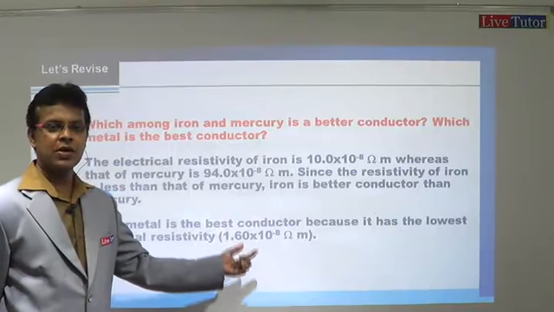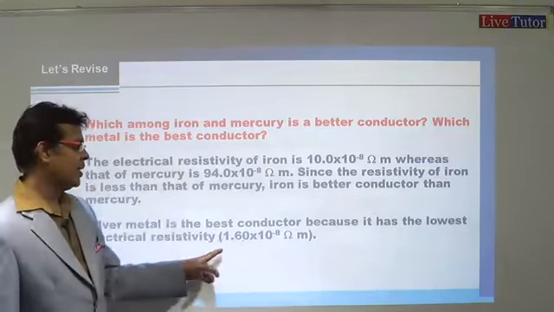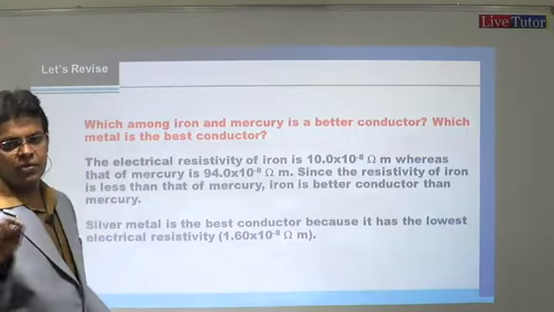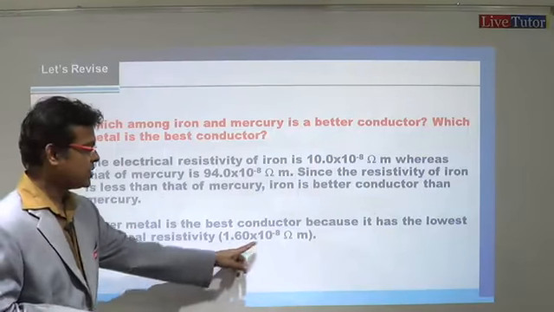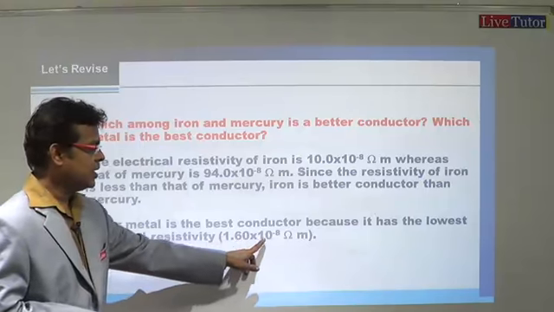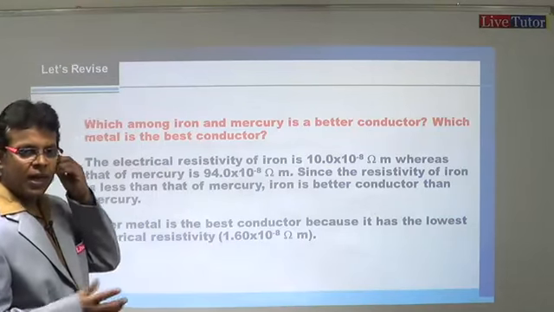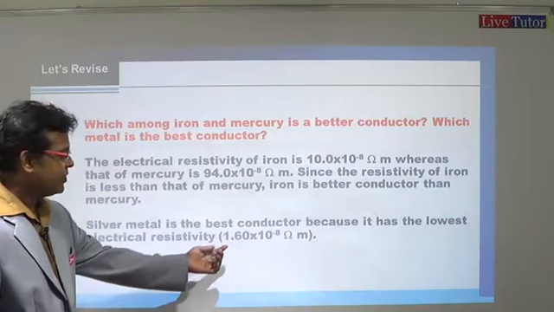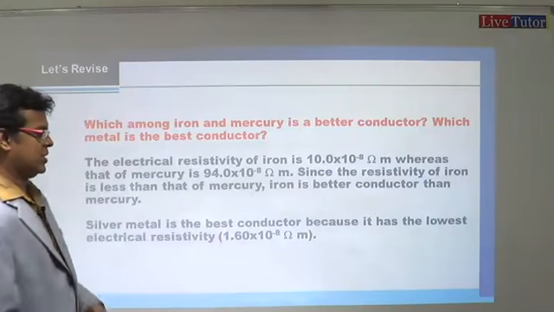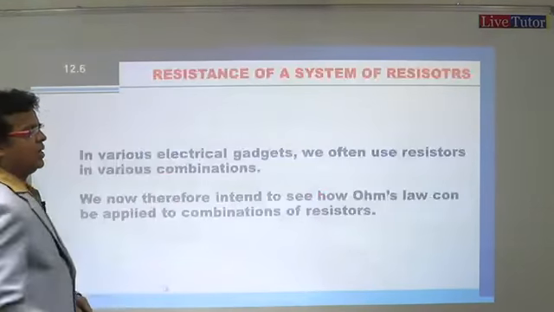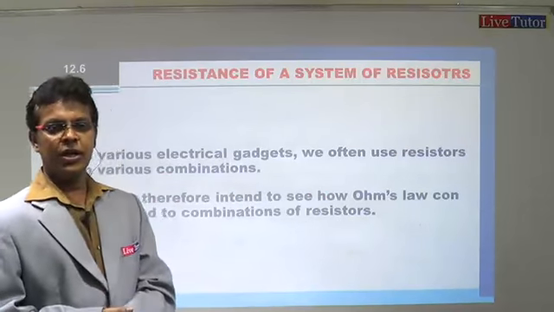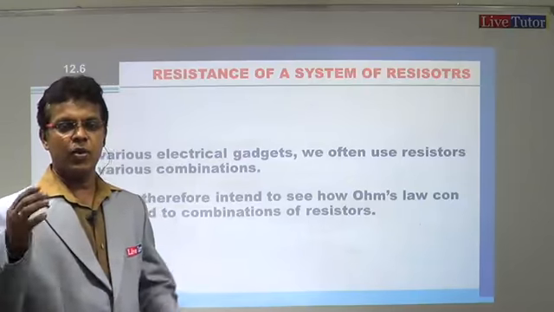Sometimes they may ask, because it is one of the lowest values in the tabular column, what the electrical resistivity of silver is. They may give options like 1.6 into 10 power minus 8, 1.6 into 10 power plus 8, or 1.6 into 10 power minus 18. So remember that it is 1.6 into 10 power minus 8 ohm meter, which is the lowest. Since the resistivity is low, it offers very little resistance, so it will allow more current.